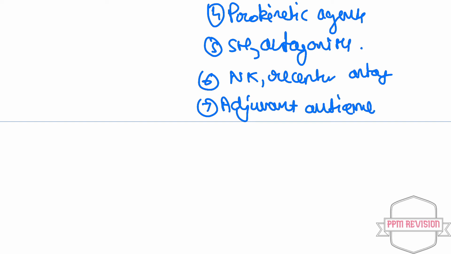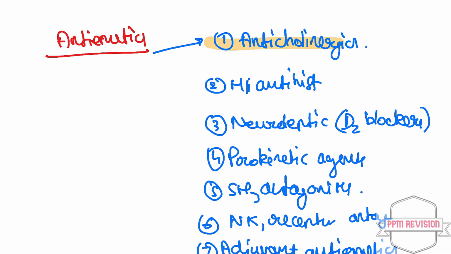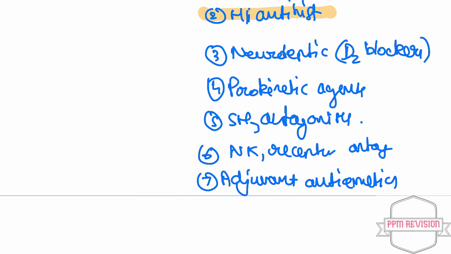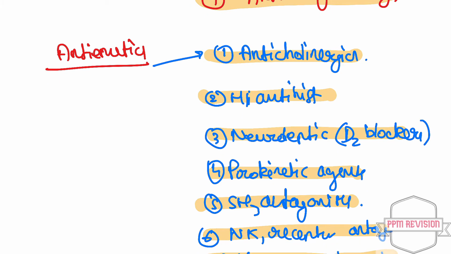Okay, I'm reading it again: anticholinergics, H1 antihistaminics, neuroleptics, D2 blockers, prokinetic, 5-HT3 antagonist, NK receptor antagonist, and then adjuvant antiemetics. Now looking at each example individually.